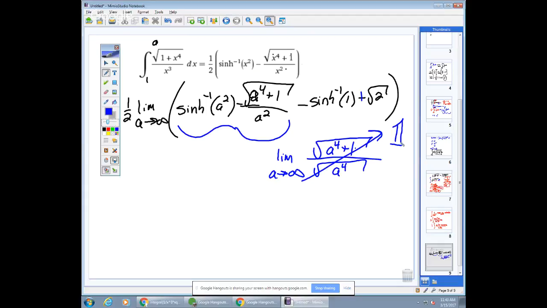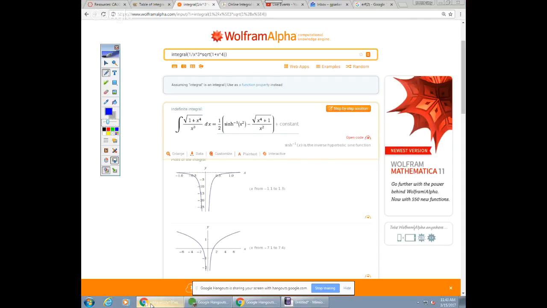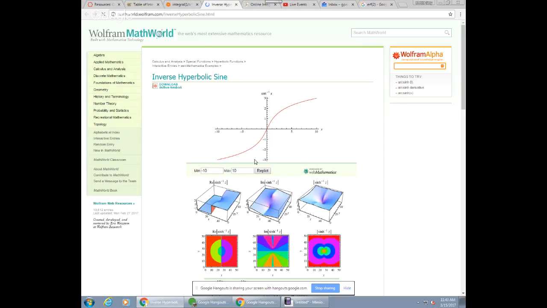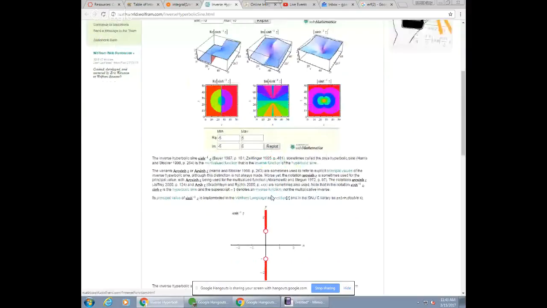Now we just have to figure out what the inverse sinh does. The inverse sinh is actually a logarithmic function, so let's get its definition. It's hiding somewhere on this page. Where is it? There it is.